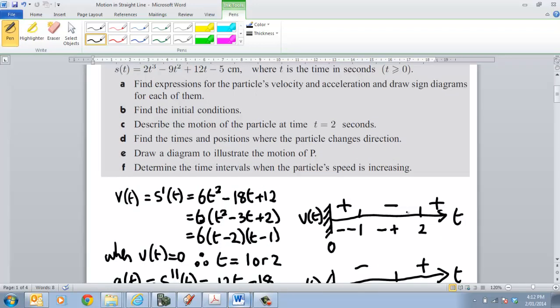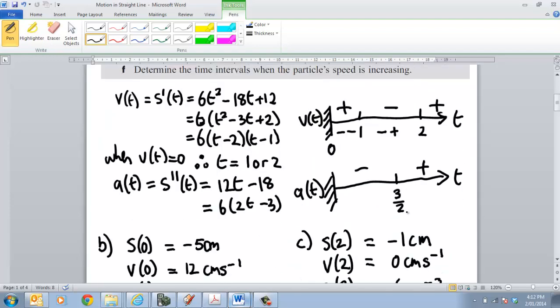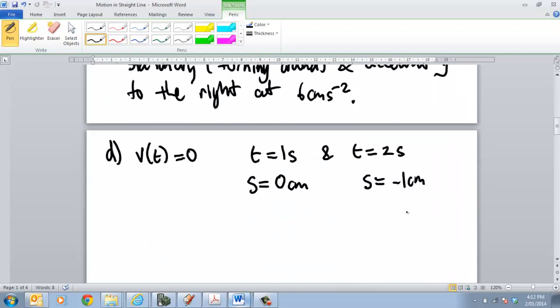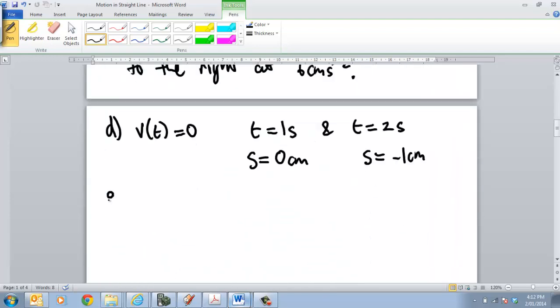Draw a diagram to illustrate the motion of the particle. So we'll do that. Part E. If we just have a straight line, we'll put our origin here. That's our origin.